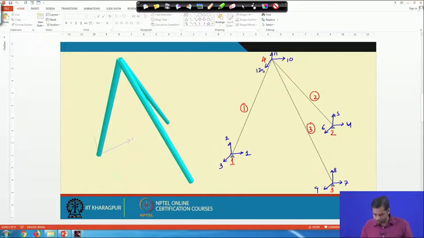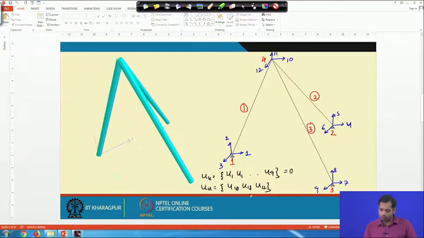Out of these 12 degrees of freedom, 1 to 9 are at hinge joints, so they are all constrained. So, U known is U1, U2 to U9, and this is equal to 0. Displacement at these degrees of freedom is 0, and U unknown, for which we have to solve, is only U10, U11 and U12.